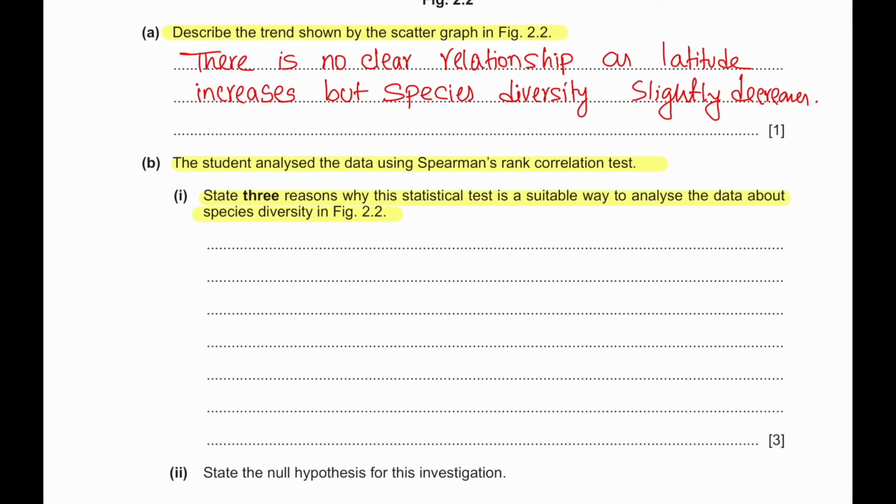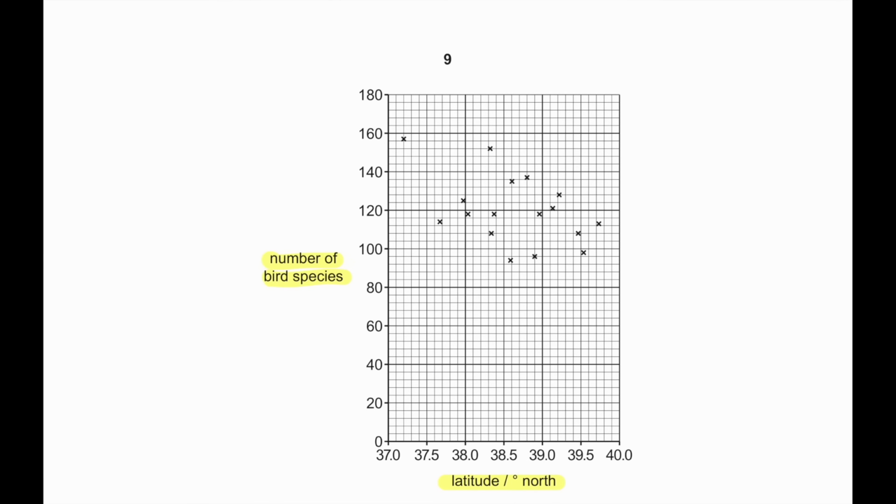The data is discrete and can be ranked. You can see over here there are a total of 17 pairs of observations, and the scatter graph suggests a sort of decreasing relationship.